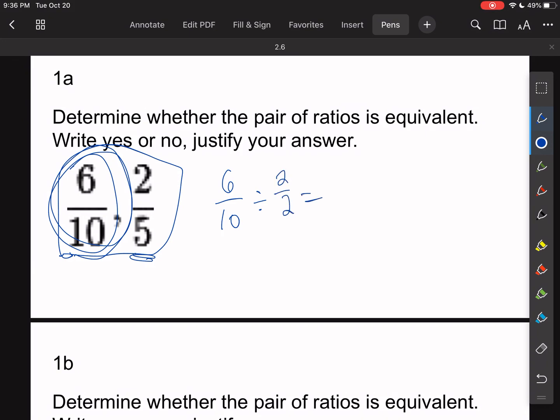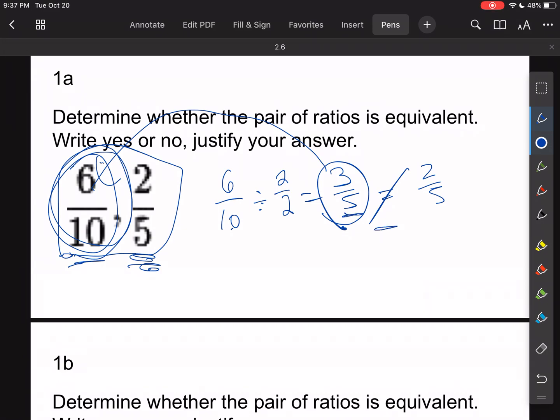If I take 6 and divide it by 2, I get 3. If I take 10 and divide it by 2, I get 5. So 3/5 is an equivalent fraction to 6/10. It is not, however, equivalent to 2/5, and that's what they're asking. It says determine if 6/10 is equivalent to 2/5. No, because if I reduce 6/10, I get 3/5, and 3/5 is definitely not equal to 2/5, right?